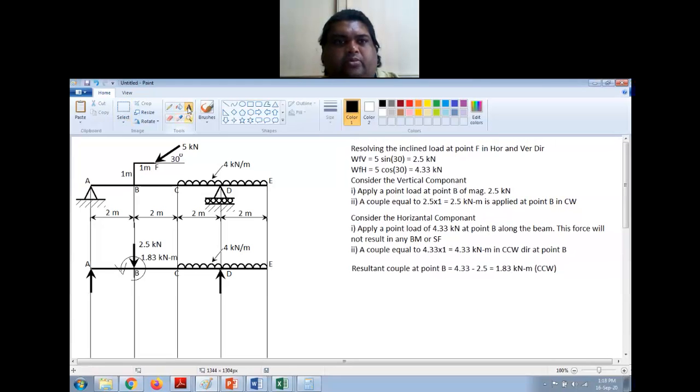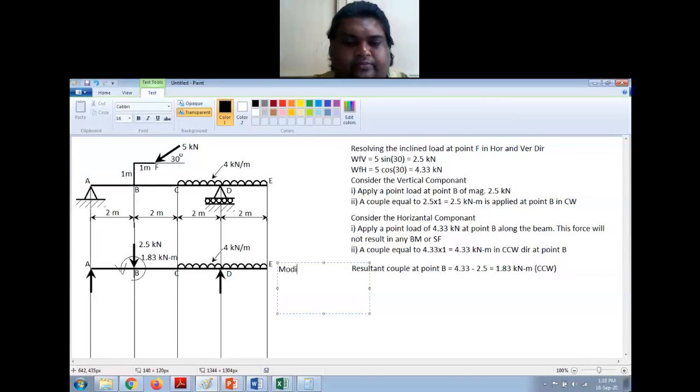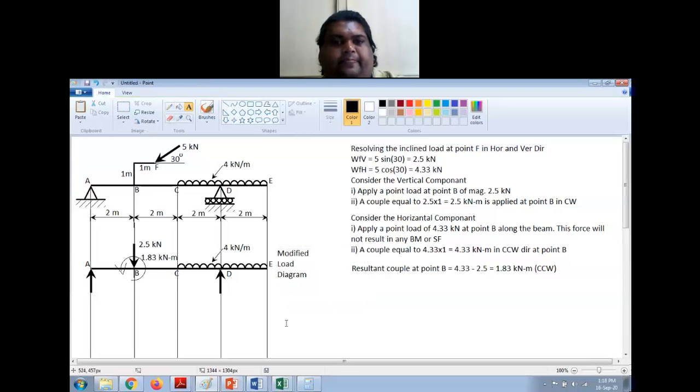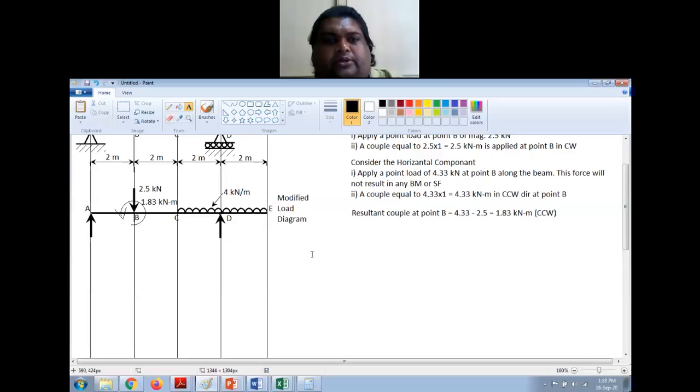So this is the modified load diagram. Okay, modified load diagram. Now you can solve this numerical.